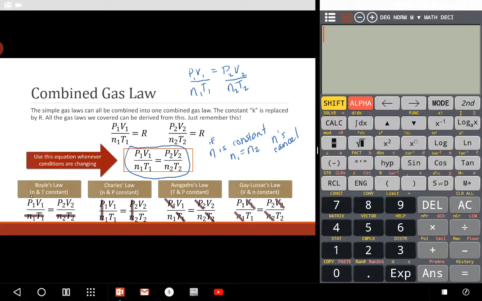So in Boyle's law, n and T are constant, and so both of the n's and T cancel out. And then Charles's law, n and P are constant, so those cancel out. Avogadro's law, the P and the T are constant, and you're only left with V and n. So we can derive all of these other simple gas laws into one. And personally, I don't really care too much about which law is which, because this combined gas law has it all.